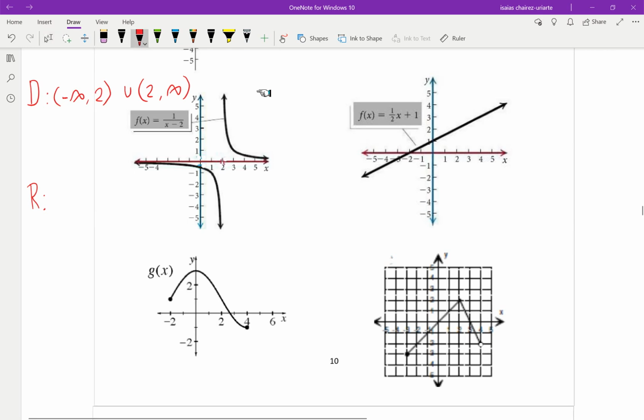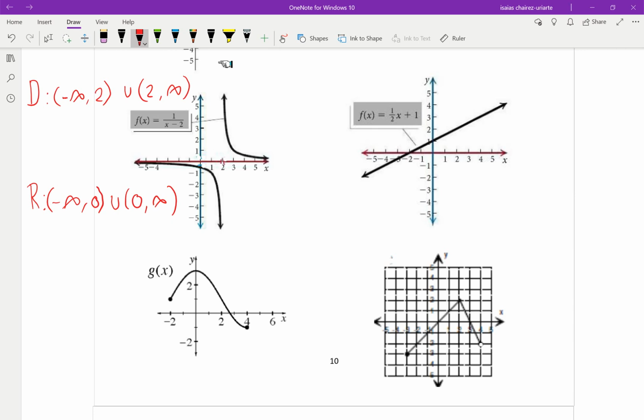My graph is going down all the way from negative infinity to 0, but I'm not ever touching 0. And then from 0, I'm going towards positive infinity. So let's describe that range in the following manner. Negative infinity to 0. I never touch 0, that's why I have to use a parenthesis. Union 0 to positive infinity. That's how I would describe the domain and the range of this function.